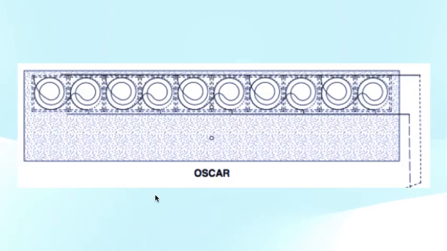So just to clarify some of the things that I have talked about with the Oscars, here's a good example. This drawing is to reflect a sloping site, and one of the reasons I know that is because if this were a drawing for a flat site, then these coils would just be smack dab in the middle of this staked out basal area.